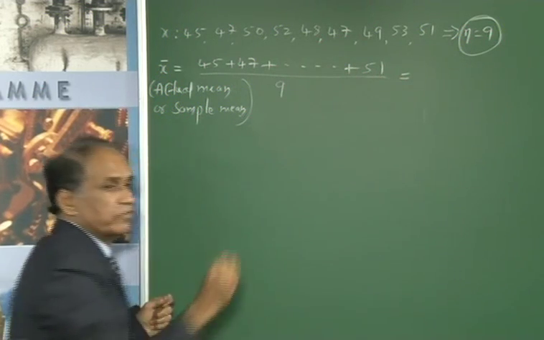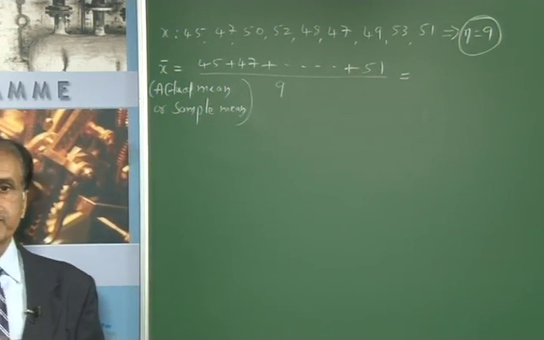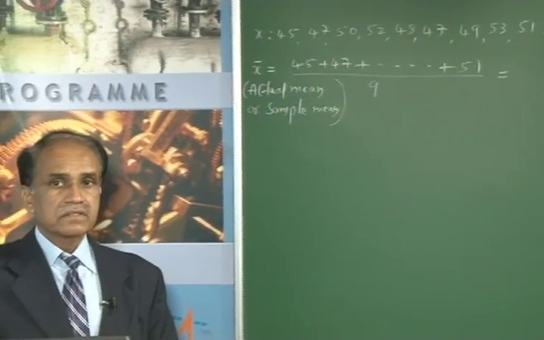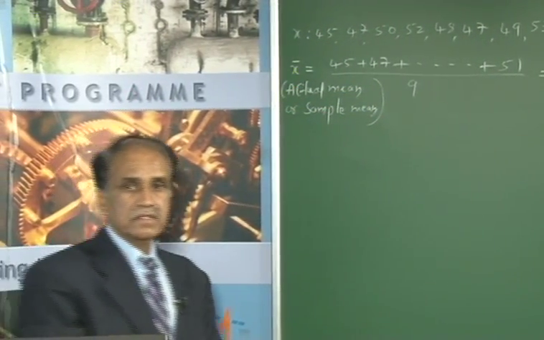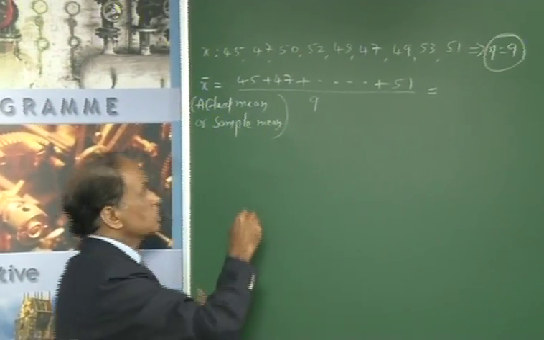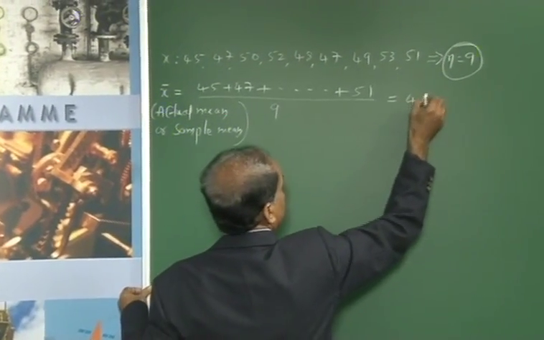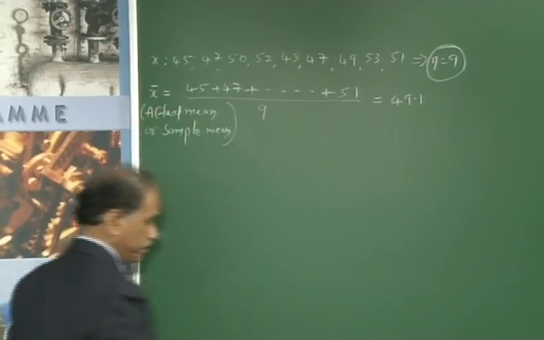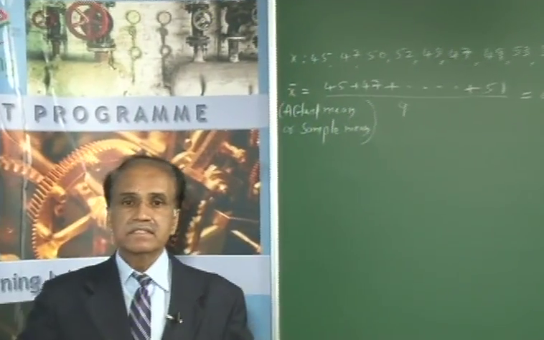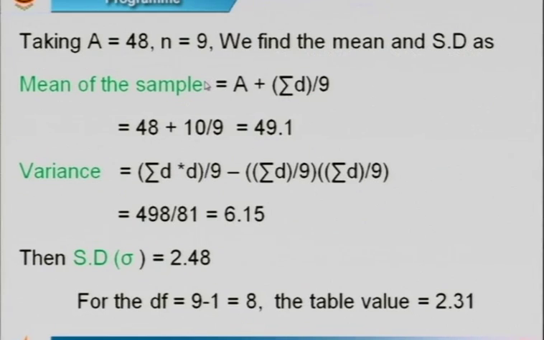So this value comes to 49.1. What I did here is take an arbitrary number, that means we call it the arbitrary mean.